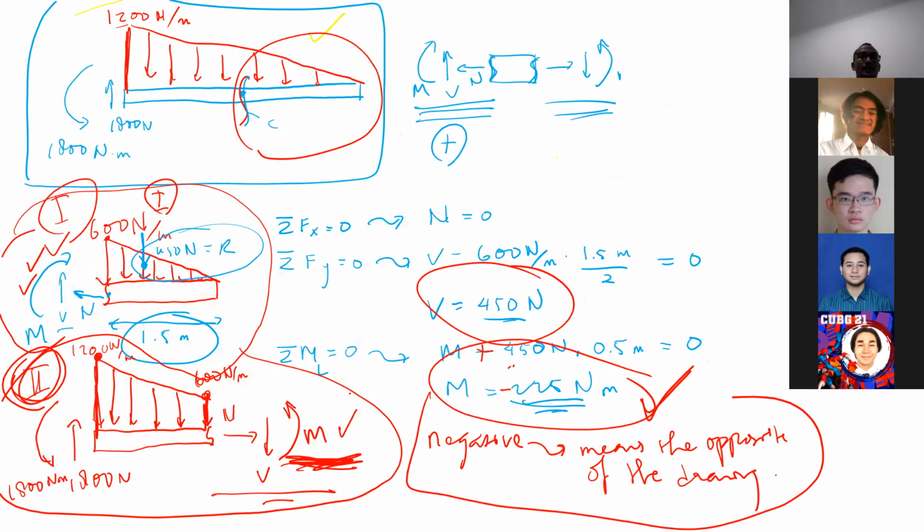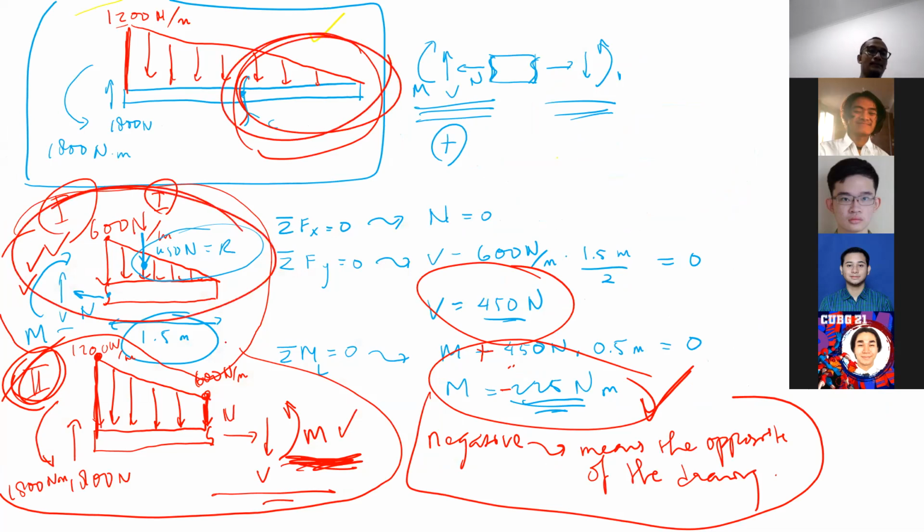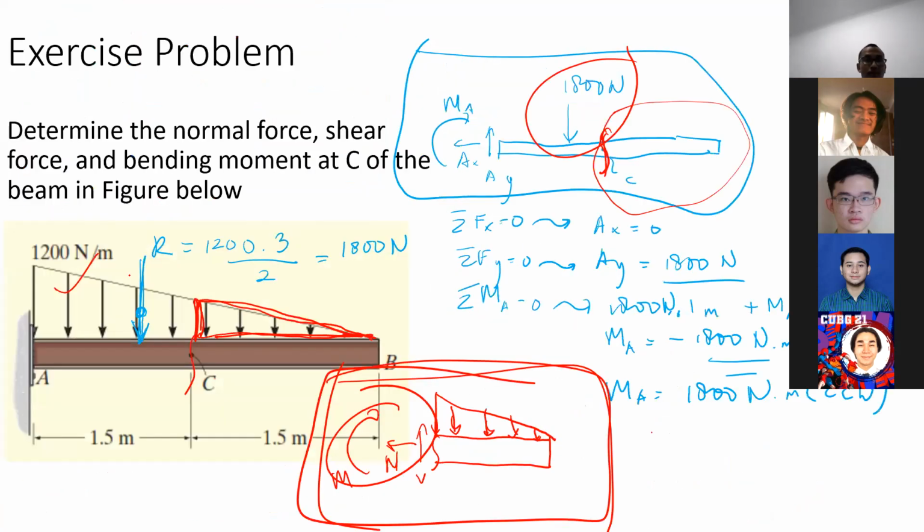If we do the section at this particular location, this is what we will get. Sorry, the drawing there is a little bit complicated. So we have 600 Newton per meter as the maximum force there, because remember here the maximum is 1,200 Newton per meter.